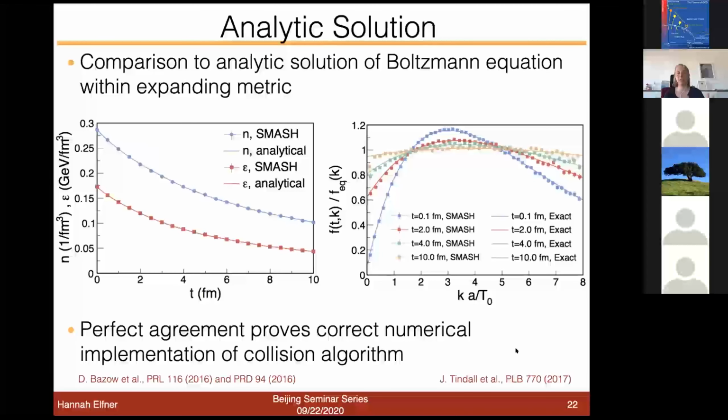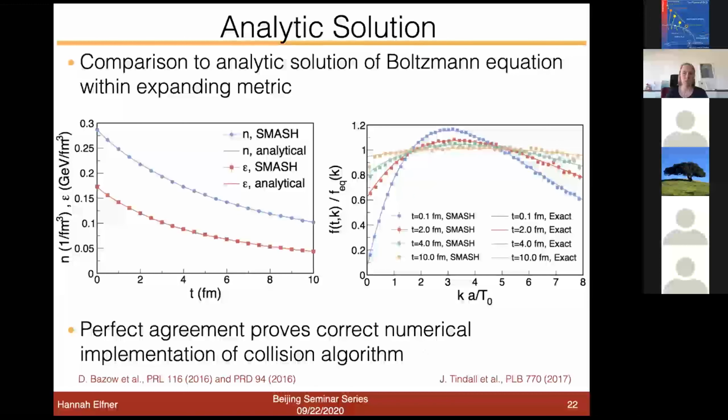And you can see with our data points here, we are actually matching, so the points are the SMASH calculation and the lines are the analytical values for the densities in the time evolution. And here you can see the full distribution function as a ratio to the equilibrium distribution function. And also that test was passed very successfully, and it actually proves that the implementation of the collision algorithm is okay.